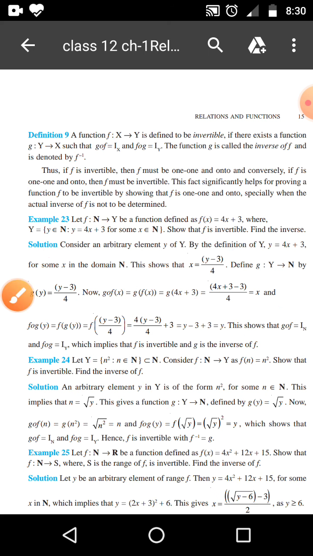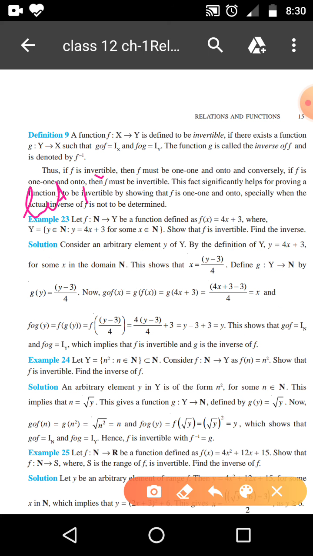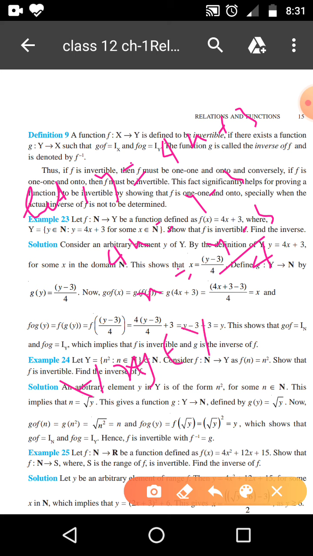And onto also: for each y, let y is equal to 4x plus 3, then 4x is equal to y minus 3. So x is equal to (y minus 3) by 4. So for each y belongs to Y, there exists x belongs to N such that f(x) is equal to y.